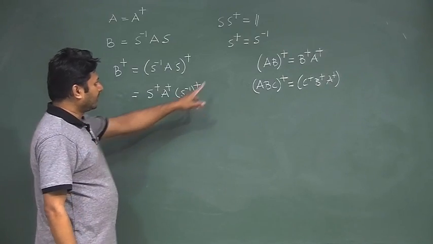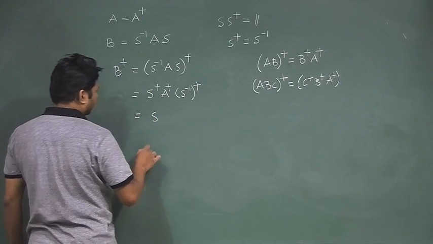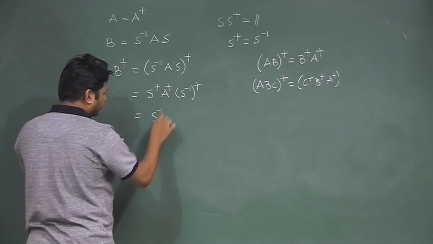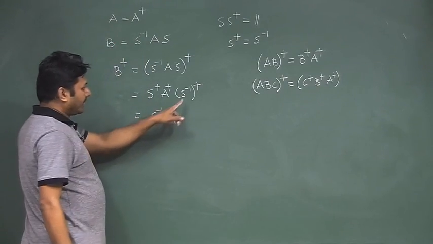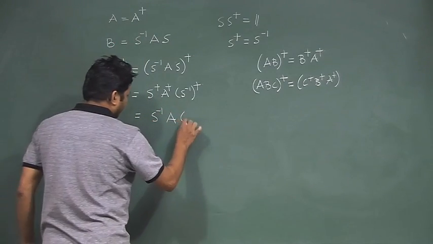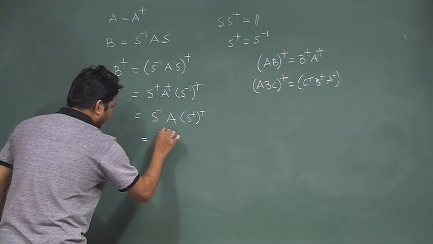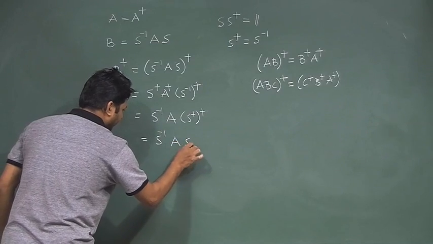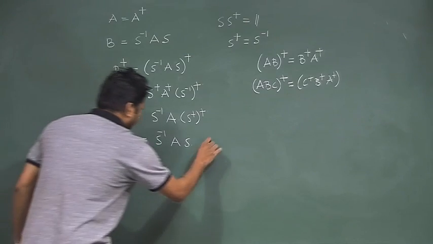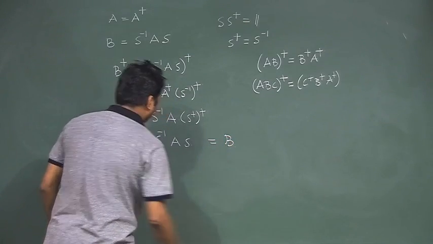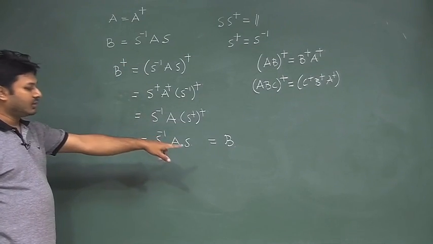Now, S inverse is already dagger, so I can replace it with inverse. A dagger is A, I already know. S inverse is S dagger, so this is S dagger dagger. So finally, I have S inverse A S. This thing is nothing but B, because this is B. So that means B dagger is equal to B.